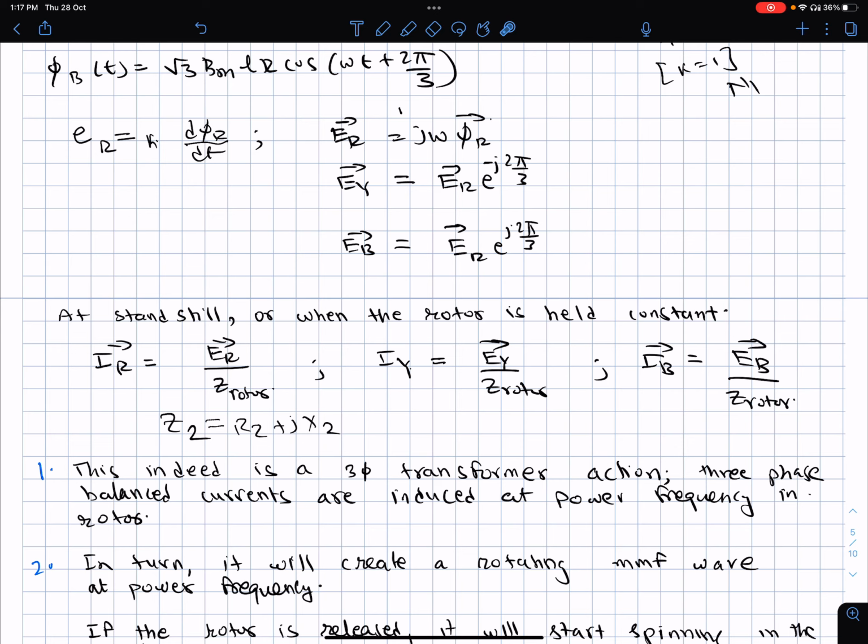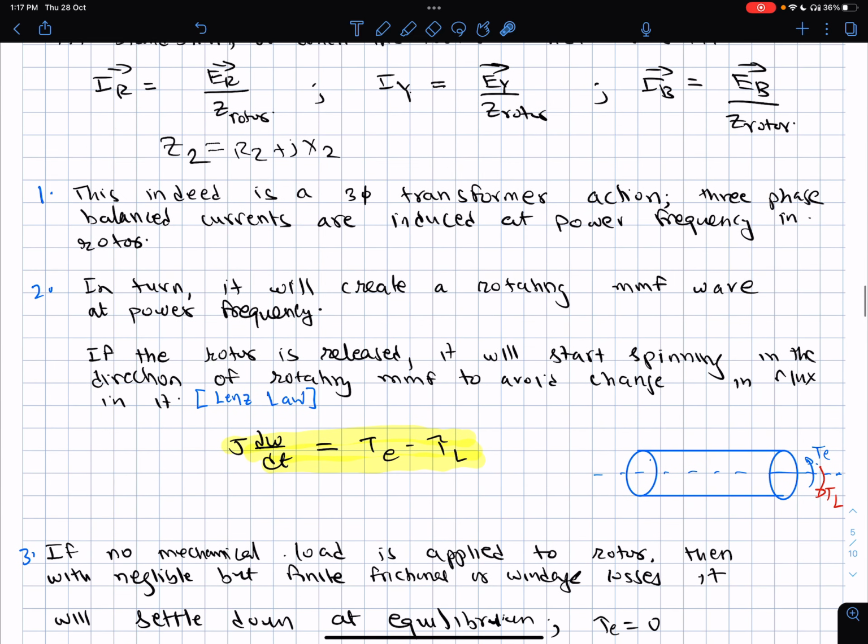And then the current which will flow through the Y phase winding will be EY by Z2, and the current which will flow through the B phase winding will be EB by Z2.